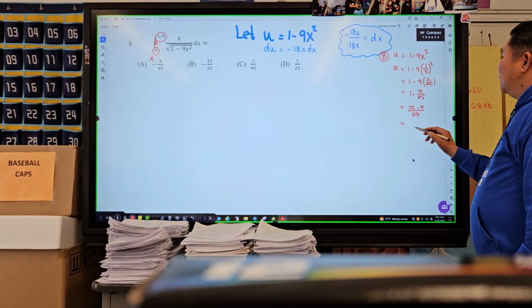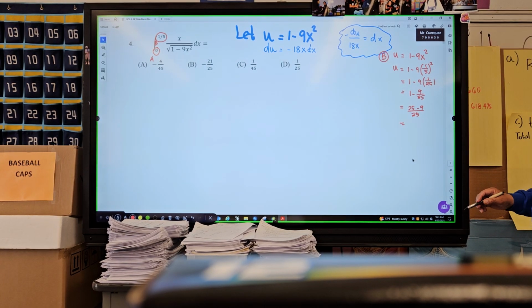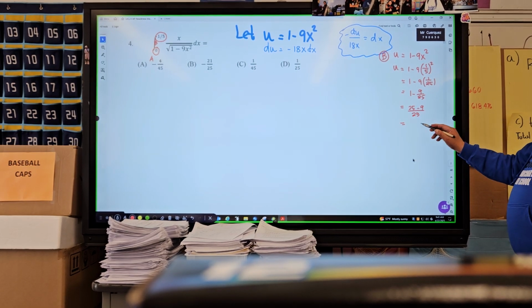Therefore, the upper limit is 16 over 25.